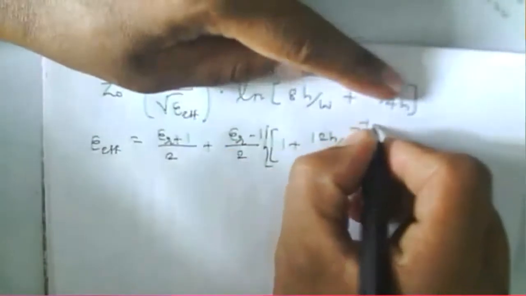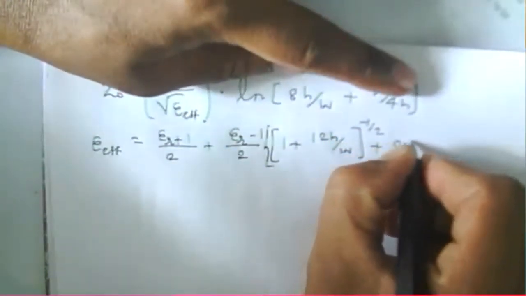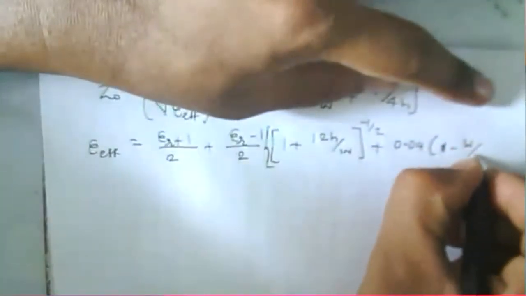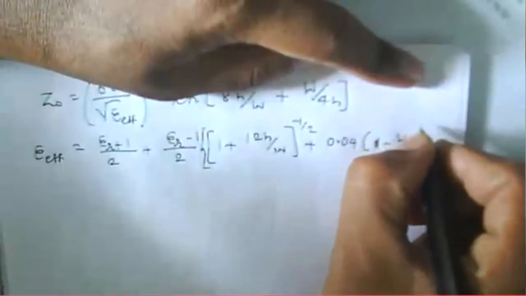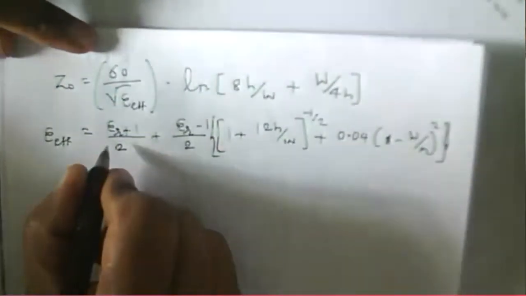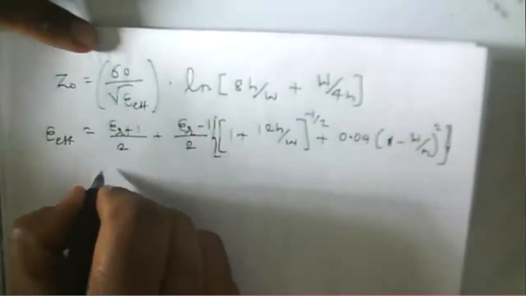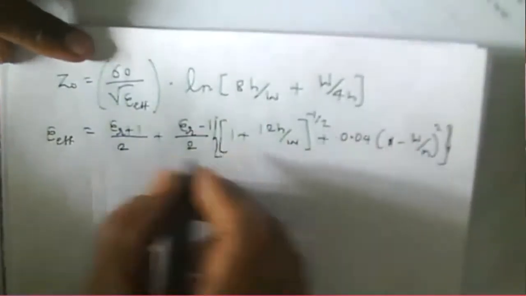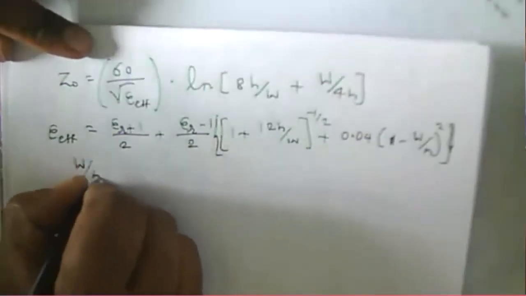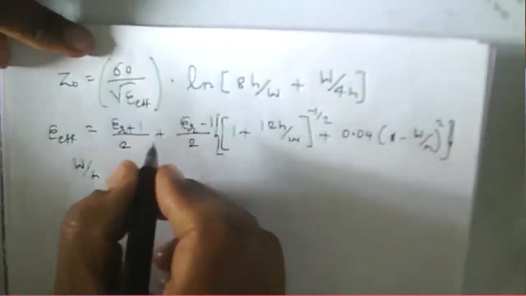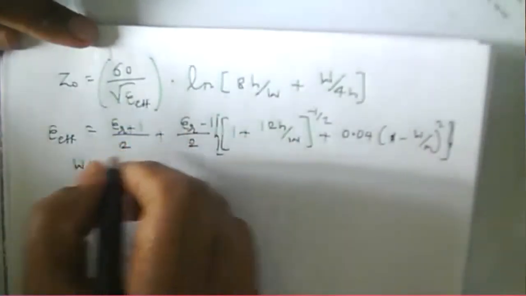The epsilon effective is equal to epsilon r plus 1 divided by 2, plus epsilon r minus 1 divided by 2, bracket 1 plus 12H by W raised to minus 1 by 2, plus 0.04 times 1 minus W by H, squared.